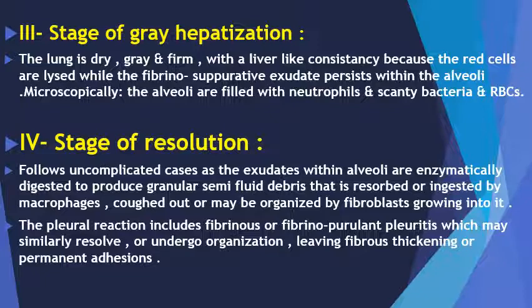The inflammation is either fibrinous or sometimes fibrinopurulent pleuritis. Of course, with proper antibiotic treatment it may resolve, or if not resolved completely, it undergoes organization, sometimes leading to fibrous thickening or permanent adhesion.